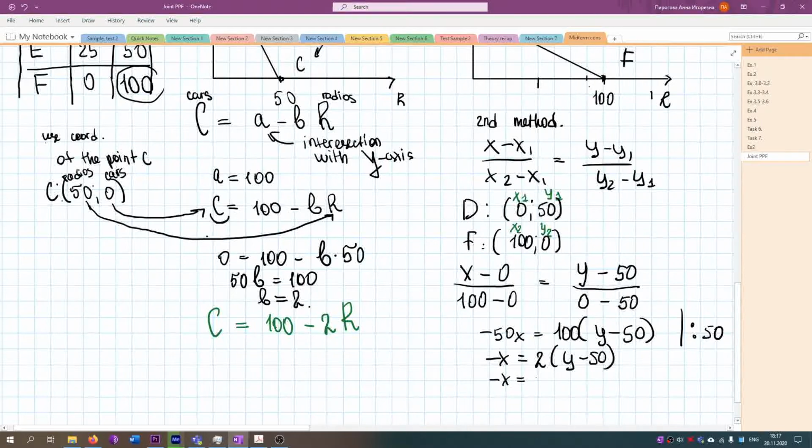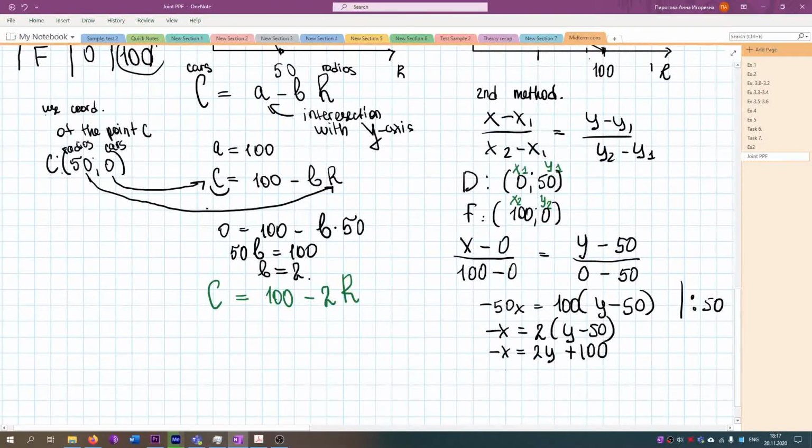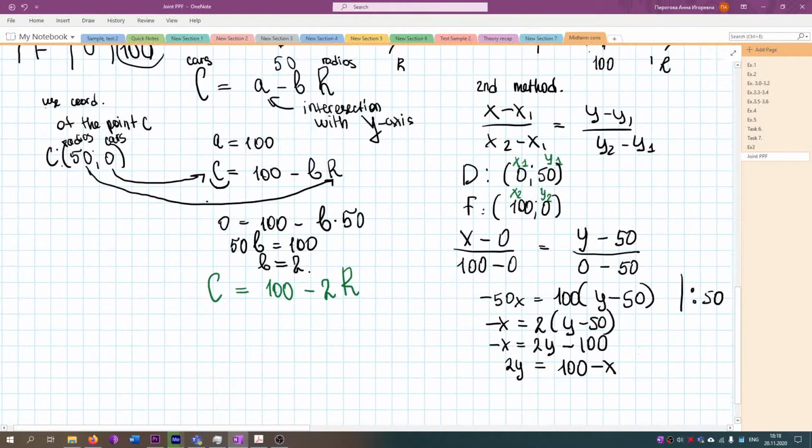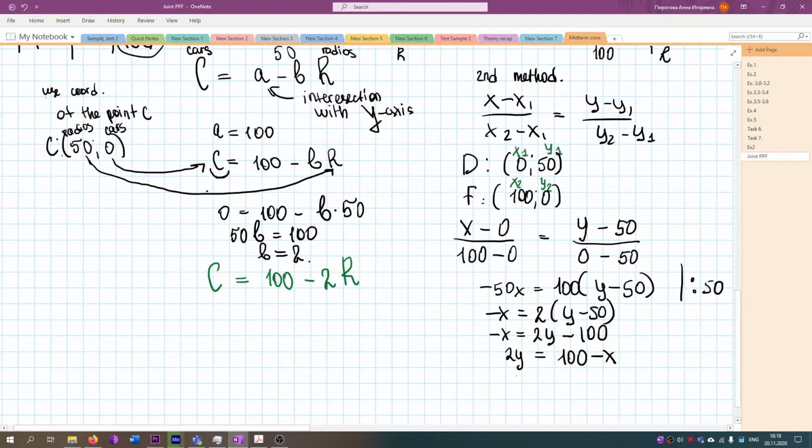Open the brackets and we'll get 2y minus 100. 2y is equal to, we have here plus 100. So 2y is equal to 100 minus x, and y is equal to 50 minus x divided by 2.